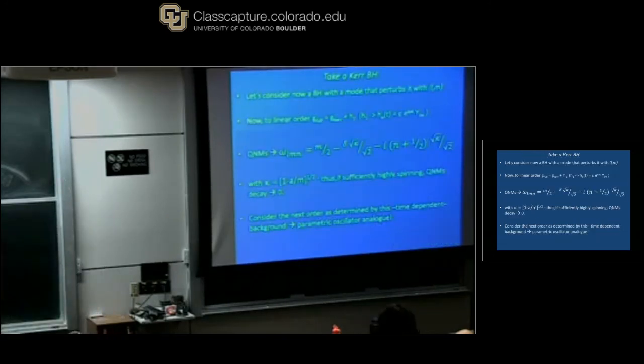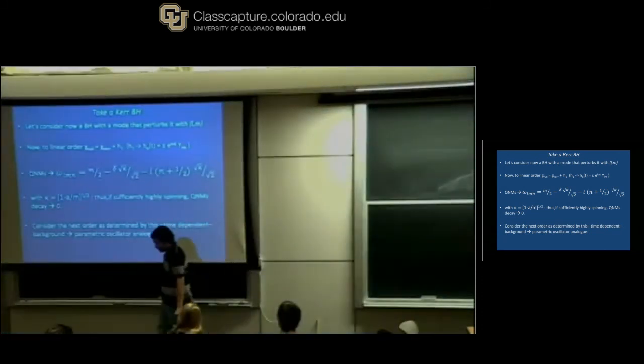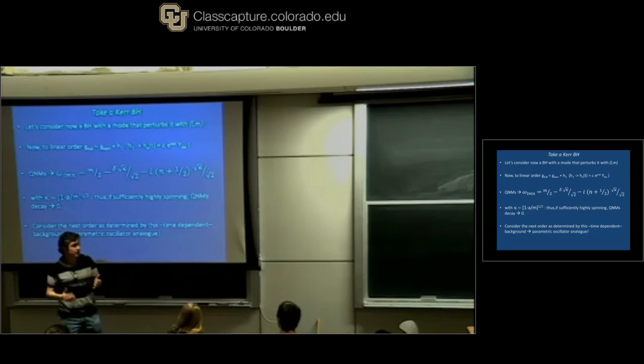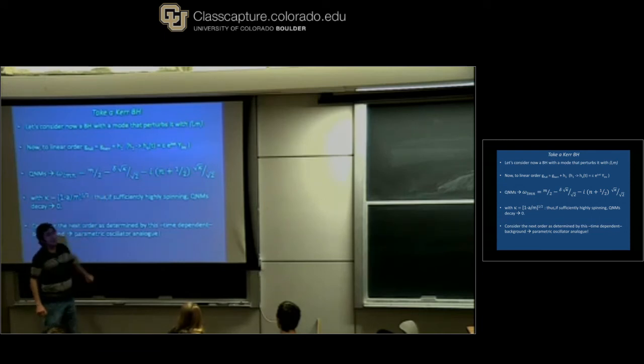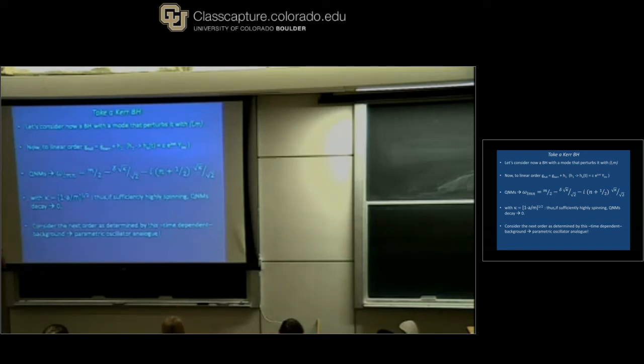So how do we do it? Well, we do a typical linearized analysis of the problem, but we want to go to next order. First, you imagine your solution is Kerr plus some given mode. And now you ask how an additional mode will behave in the background, not given by the Kerr solution, but by the time-dependent spacetime given by Kerr plus the perturbation. If you go through the calculation, you find that a parametric instability is allowed by the equations.